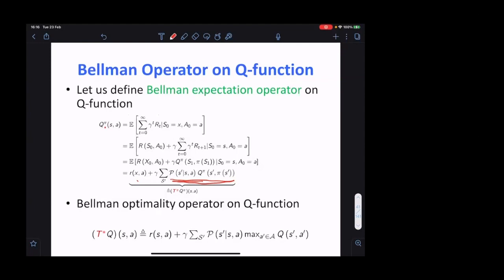This is a formal way to write the operator over the function.